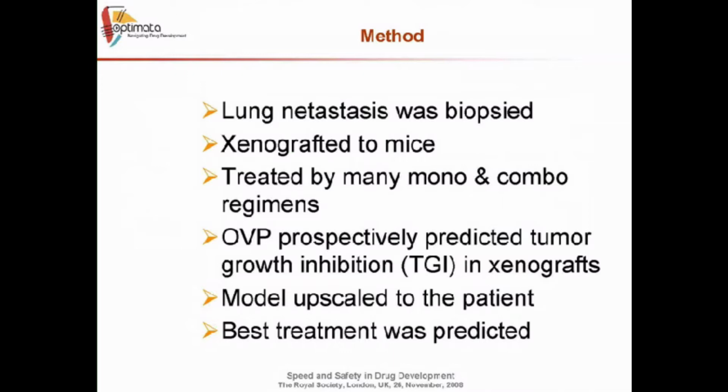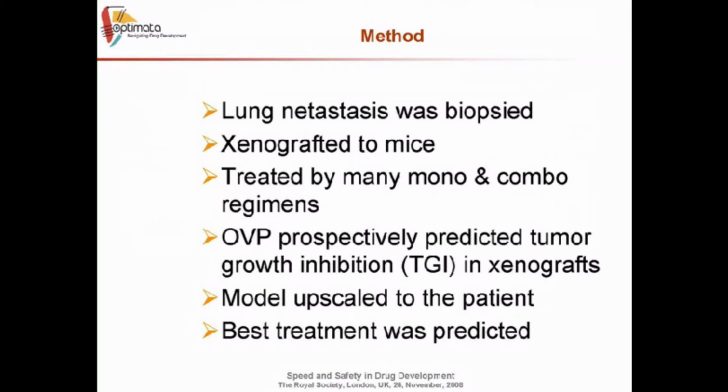In brief, what was done: one lung metastasis was biopsied. It was ground in vitro and xenografted into many mice. Those were treated by many monotherapies and combo therapies, many regimens of drugs on the market and drugs in development.